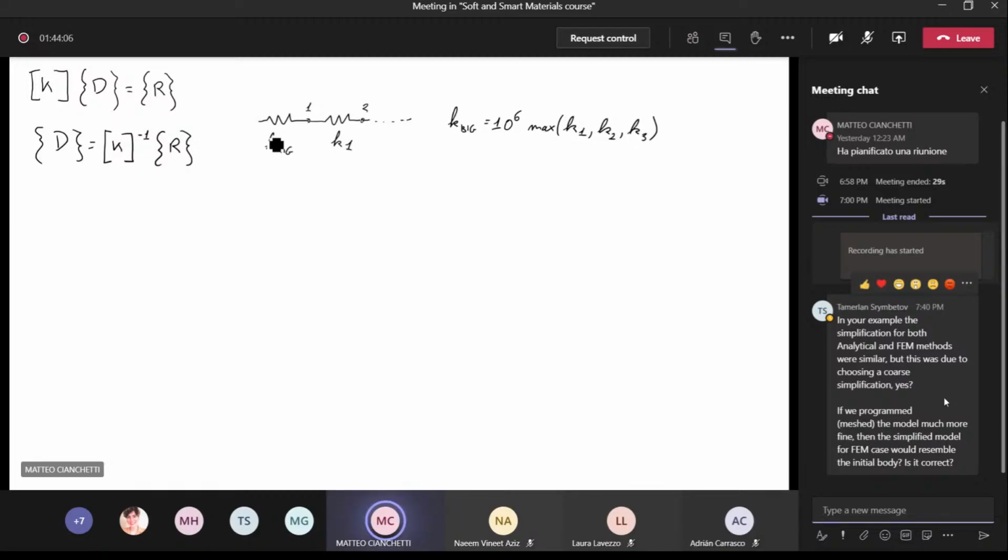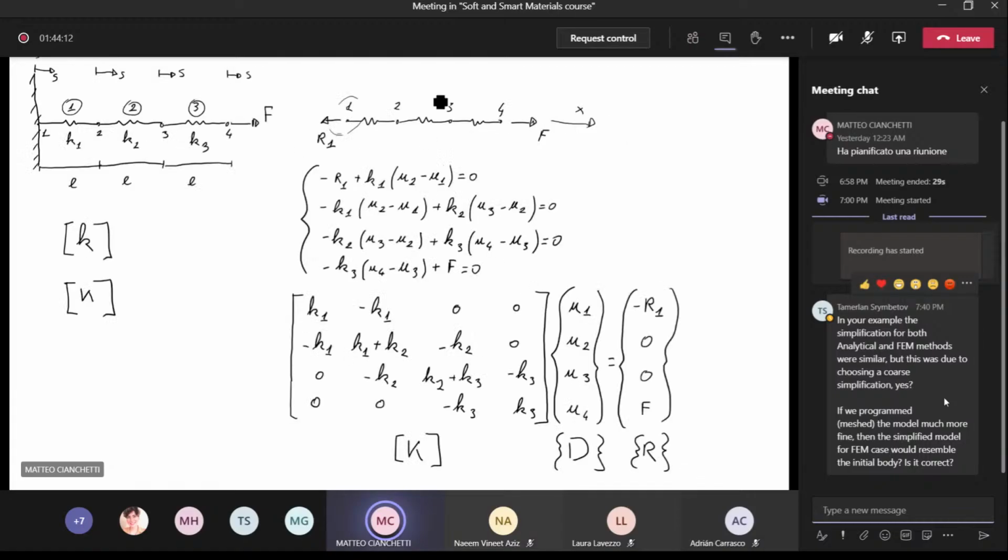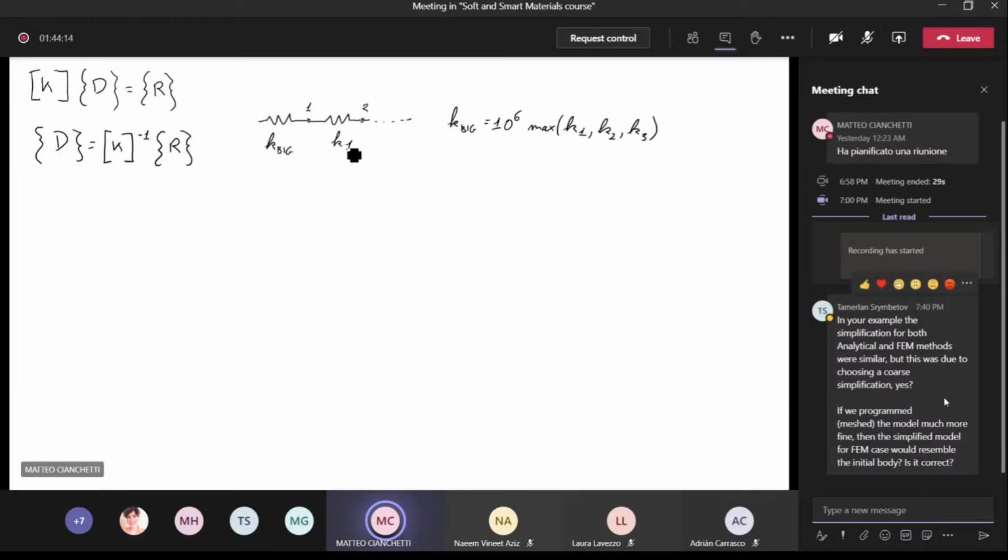So now we have a definition for R1. What we considered before as R1 can now be defined as K big multiplied by U1.